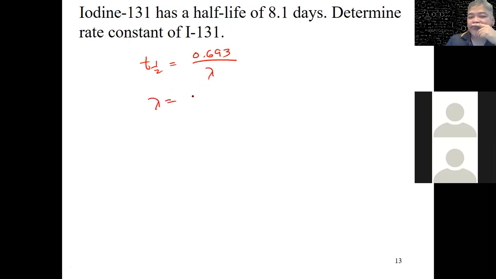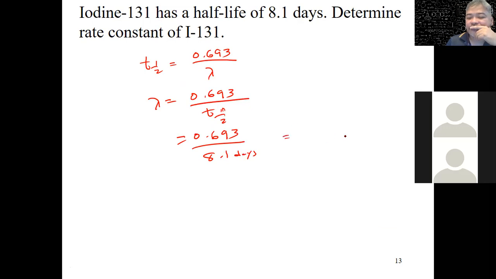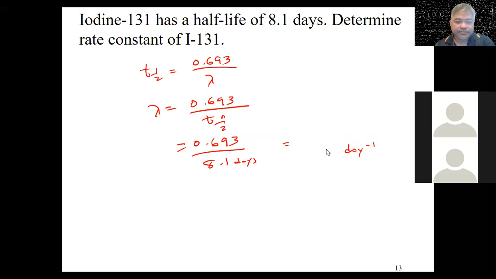So all you need to do, replace nyo yan with T1/2, and then you have 0.693 over 8.1 days. So you will have here per day. Ano yung sagot nyo doon? 0.693 divided by 8.1. 0.086. Okay.